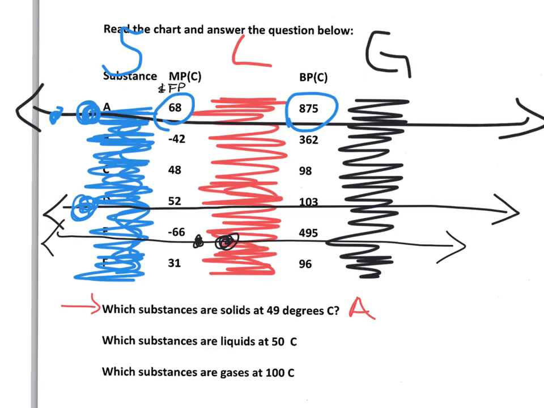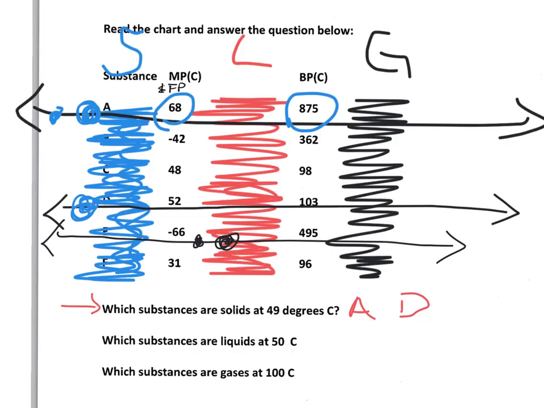Let's look at substance B. 49 falls in the red region. It will be a liquid. C, 49. Oh, it's close to that melting point, but it's right above it. It falls in the liquid range. Substance D. Ooh, 49 is below. It's to the left. So I'm going to write down substance D as being a solid as well.